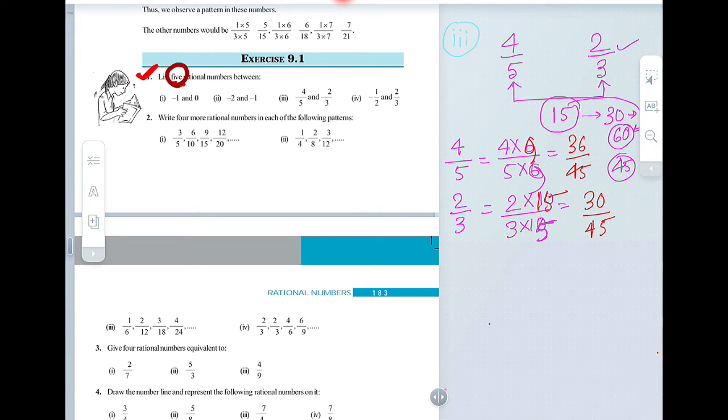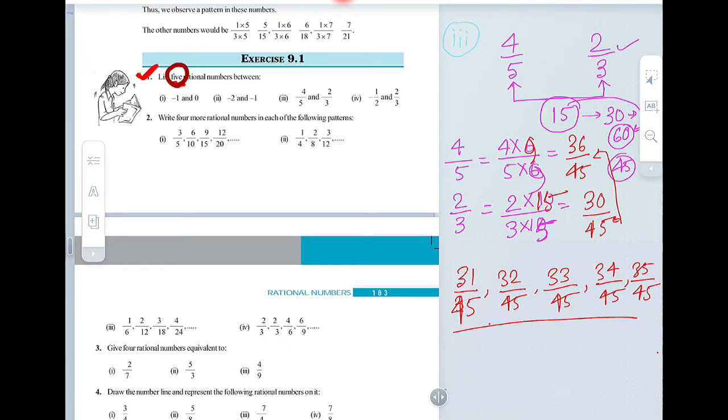Now the rational numbers between 30 by 45 and 36 by 45 are 31 by 45, 32 by 45, 33 by 45, 34 by 45, 35 by 45. So these are the 5 rational numbers between the two rational numbers given in the question.